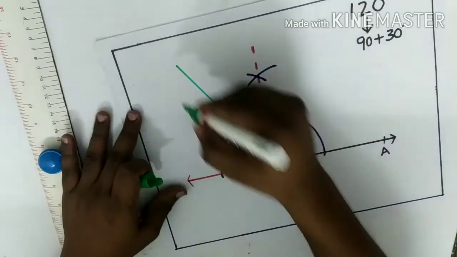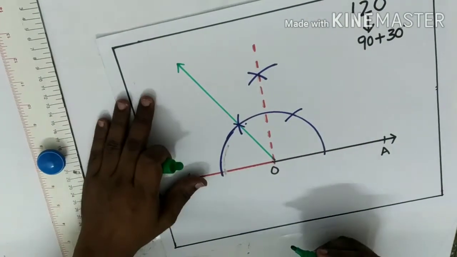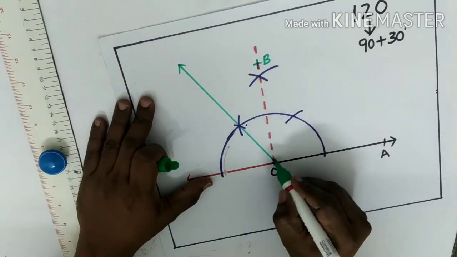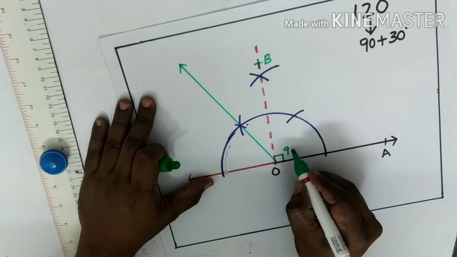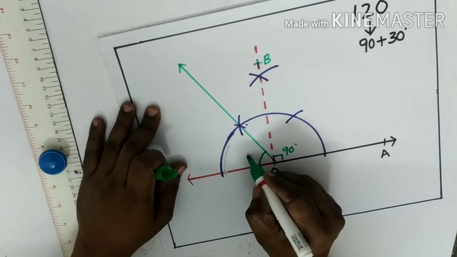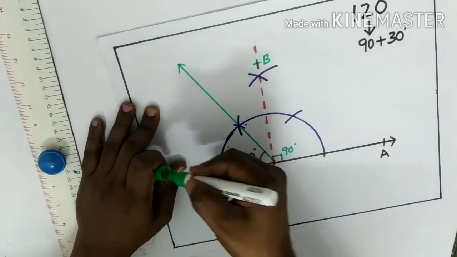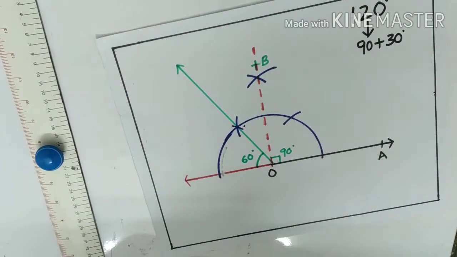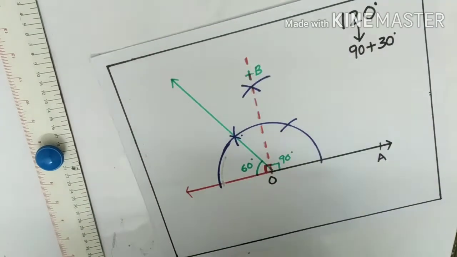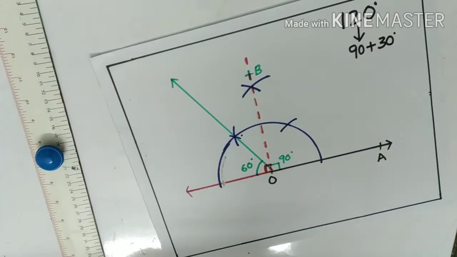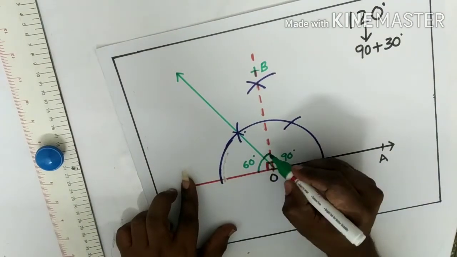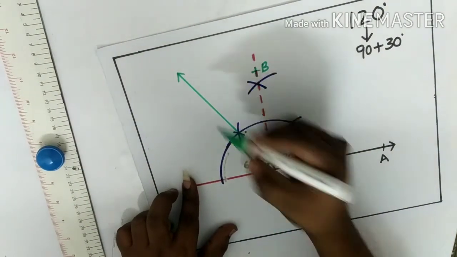now look here. If you consider this is B, it is 90 degrees. And this angle is 60 degrees. If it is 90, compulsorily the other angle should also be 90 degrees. If it is 90 degrees, this part is 60, so this part is 30.